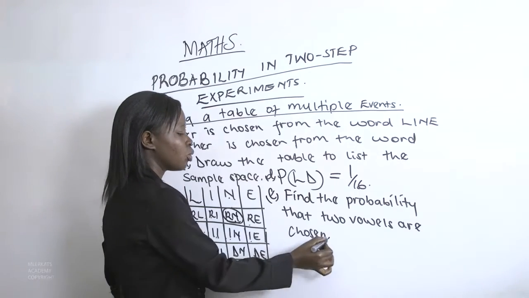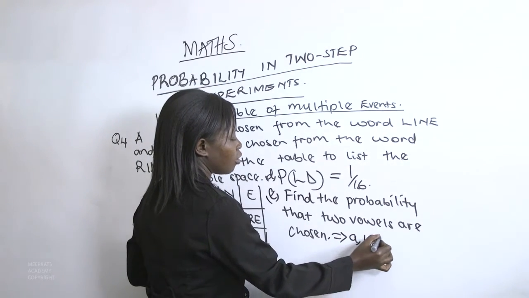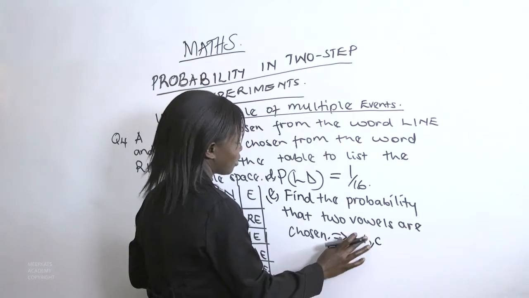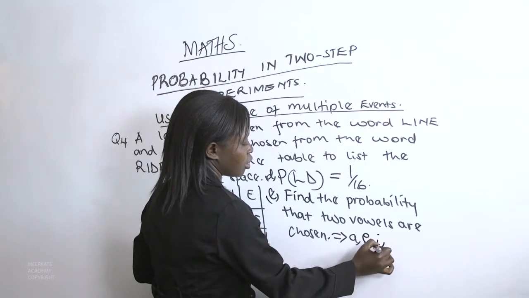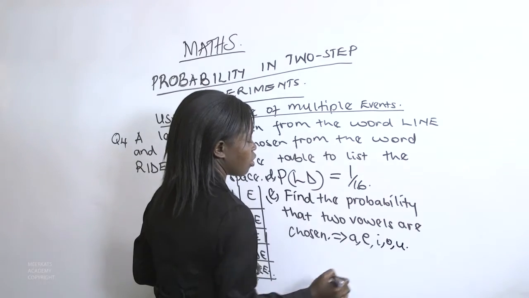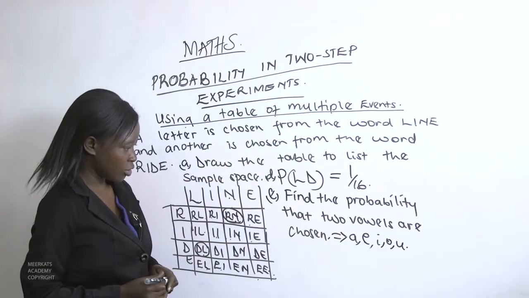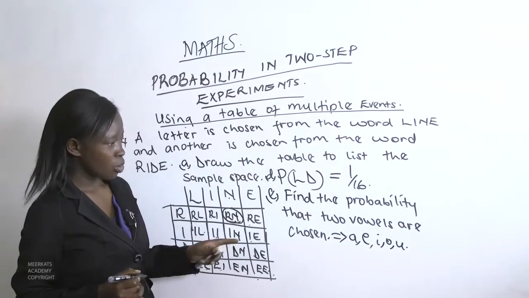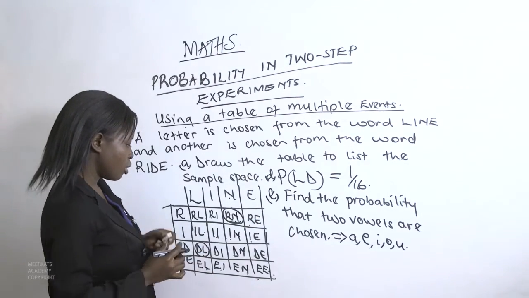So we need to know what these vowels are. Vowels in alphabetical order, we have A, E, I, O, U. So we find out where we have two vowels in our outcome.